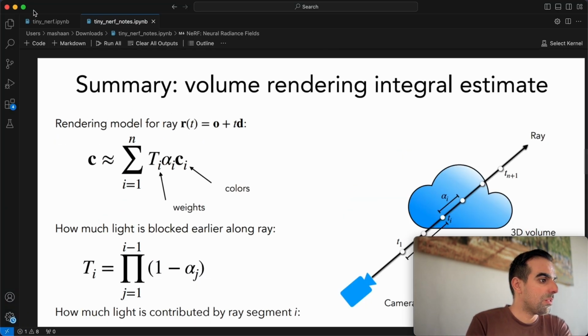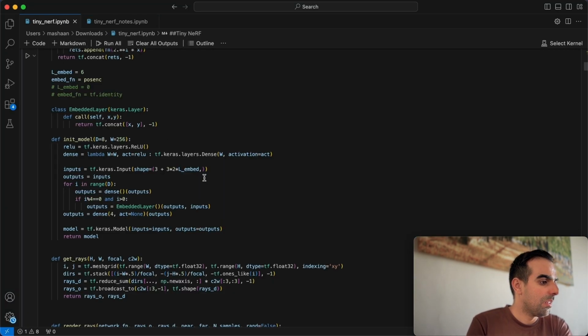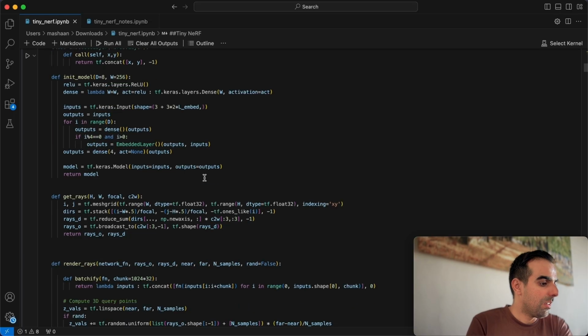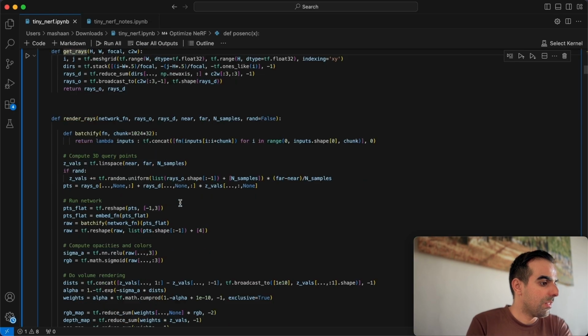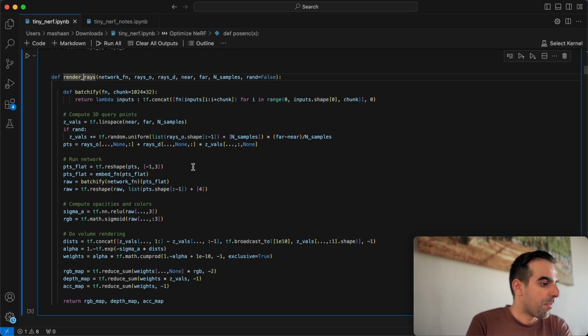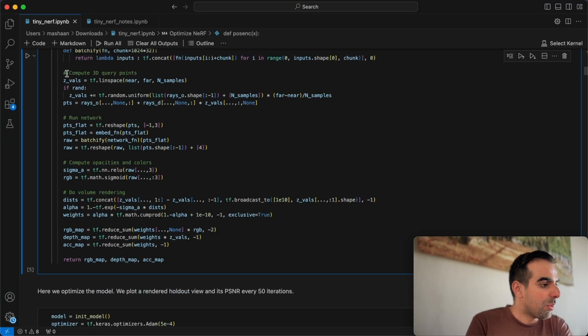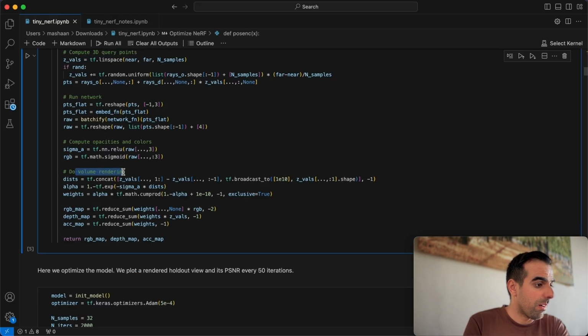So if you look into the tiny NeRF implementation, you will find this is the getRays function, this is render rays. Here you're computing the 3D points. Now you're running the network, and you're finding the sigma, the opacities, and the color for each point. Then you are doing volume rendering.